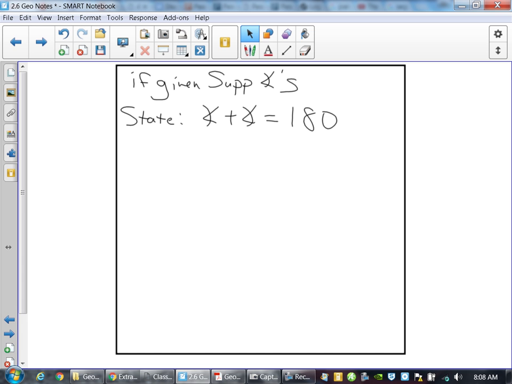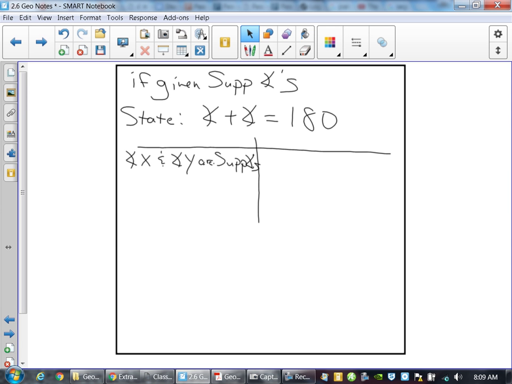Which then means that my example, to come up with our proof, angle X and angle Y are supplementary to one another. That's given.